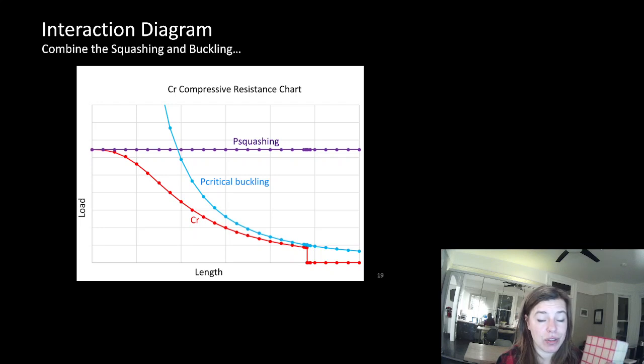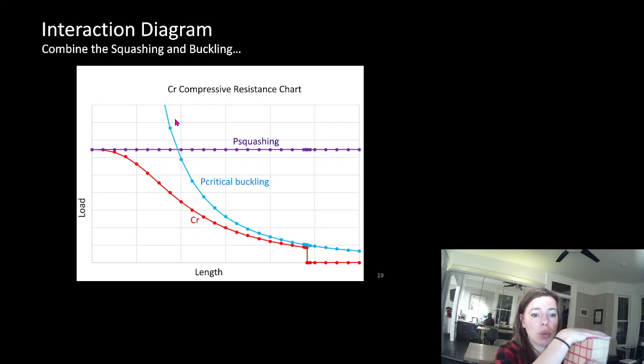Remember, that's just stress equals force divided by area. Our area doesn't change. So as my element gets taller and taller, the capacity of it doesn't change. So for squashing, it doesn't matter how tall my column gets, the capacity at which it would fail due to squashing doesn't change.